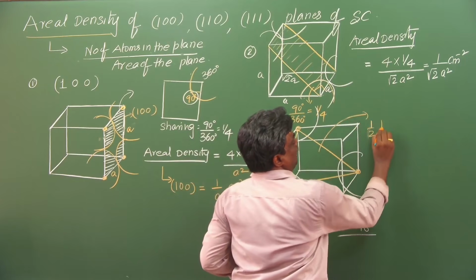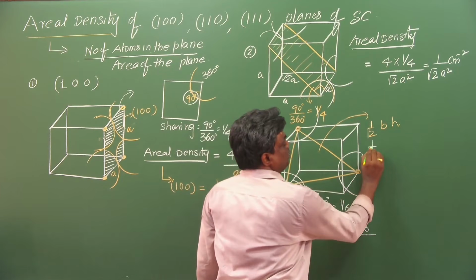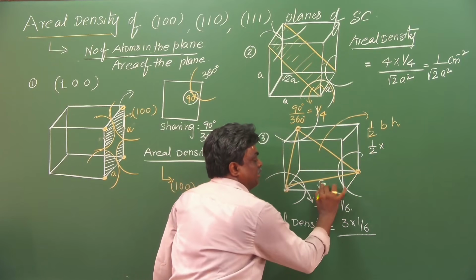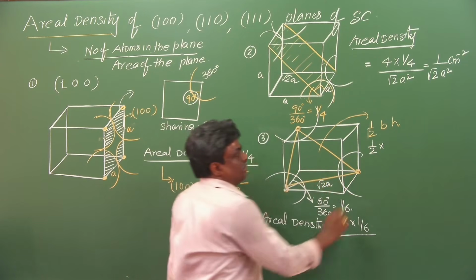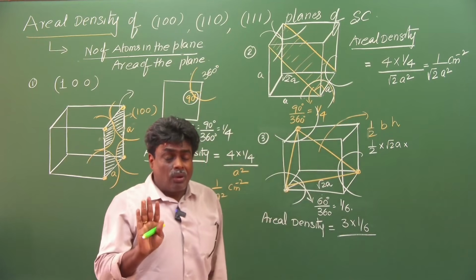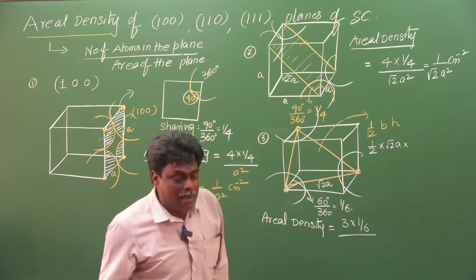Triangle area is half into base into height. Slowly. Half is as usual. Base is A root 2, right. Root 2A into height. Height of an equilateral triangle is root 3 by 2 into base.